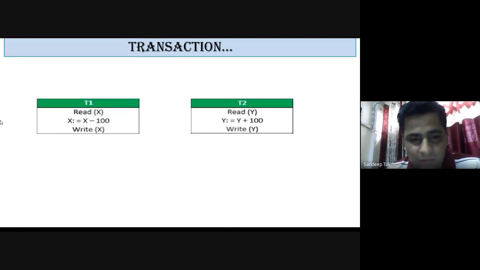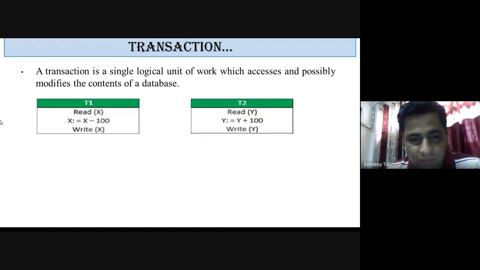So what we can say about the transaction is, a transaction is a single logical unit of work which accesses and possibly modifies the content of a database. I am repeating, a transaction can be defined as a single logical unit of work which accesses and possibly modifies the content of a database.